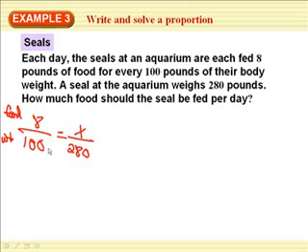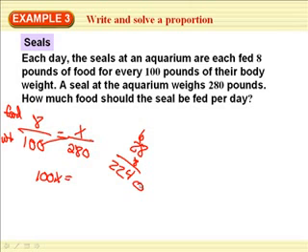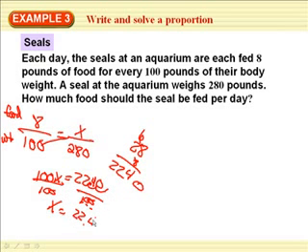So let's do our cross products. So I get 100x equals 280 times 8. Let's just do 28 times 8, 16, 22. Divide both sides by 100. The shortcut when you're dividing by 100 is just to move the decimal back 2 places because there's 2 zeros, and when you divide, the number gets smaller.